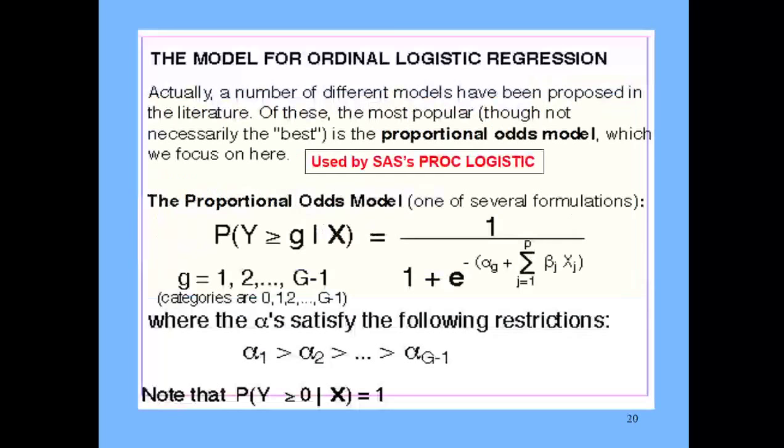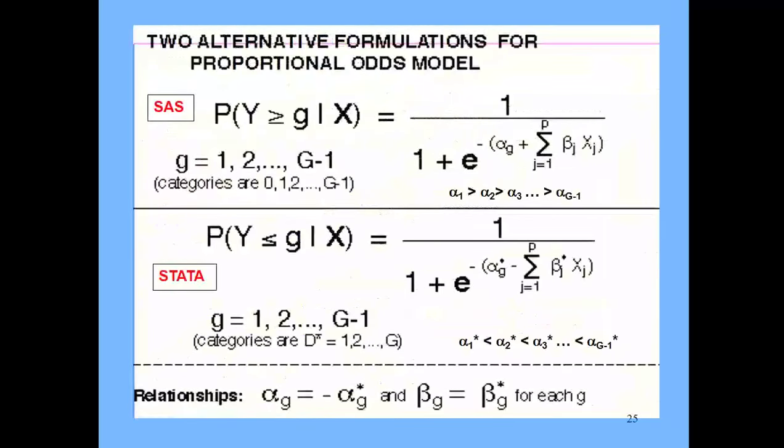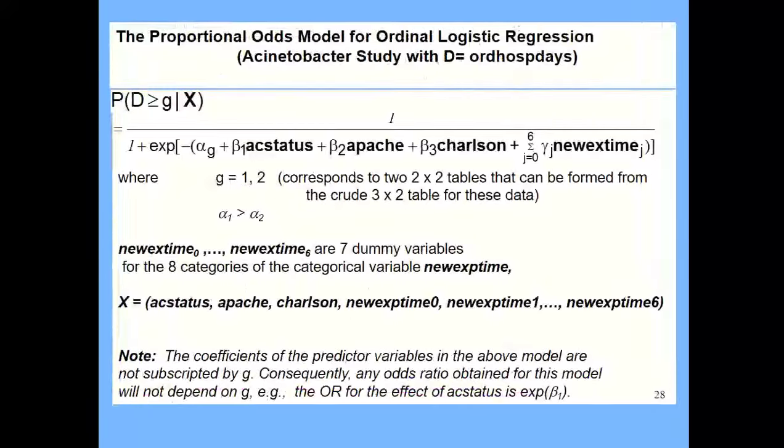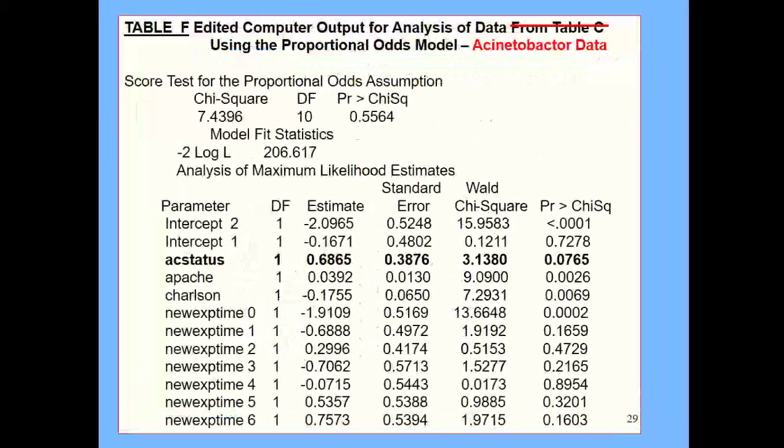So what do you get? Let's look at what you get before we do anything. I'm skipping a bunch of things. Here's what you get when I run this model. This is slide 29 in your notes.